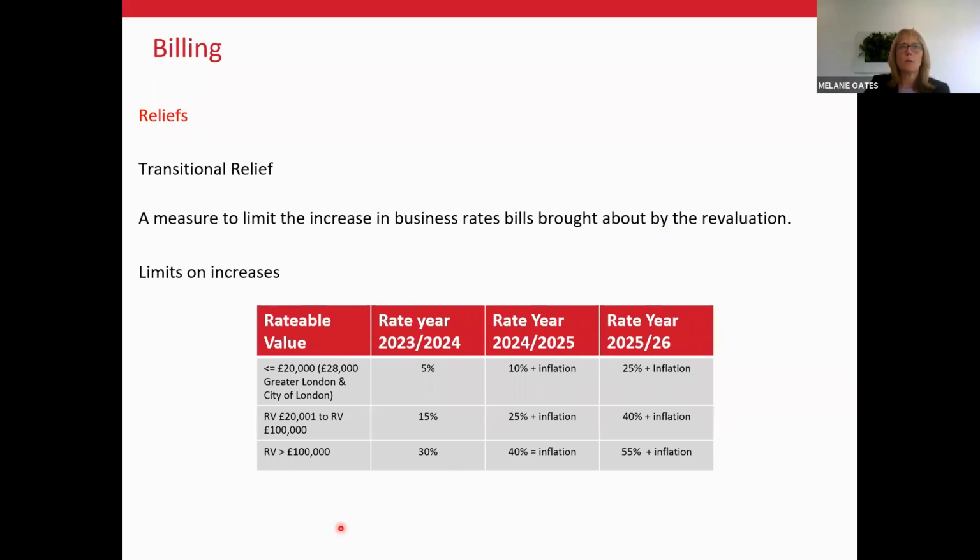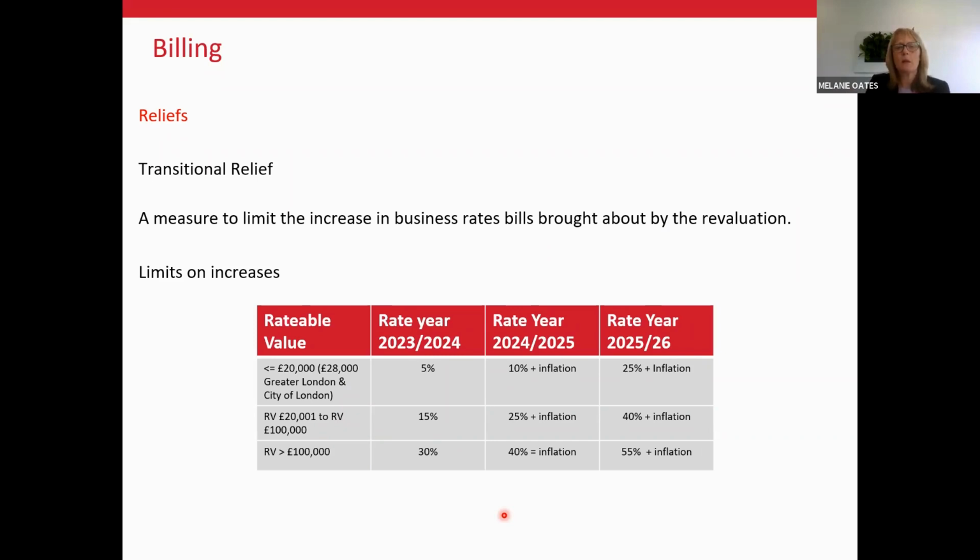Rateable values between 20,000 and 100,000, it's 15% this year, and anything greater than 100,000 rateable value, it is 30% this year. So that just gives you some idea of the measures that the government have brought in on transitional relief to ensure that business rates are tapered in and phased in, so that there are no big increases.